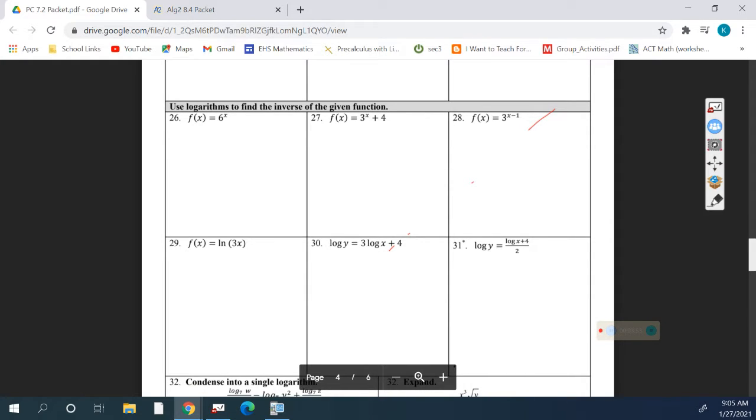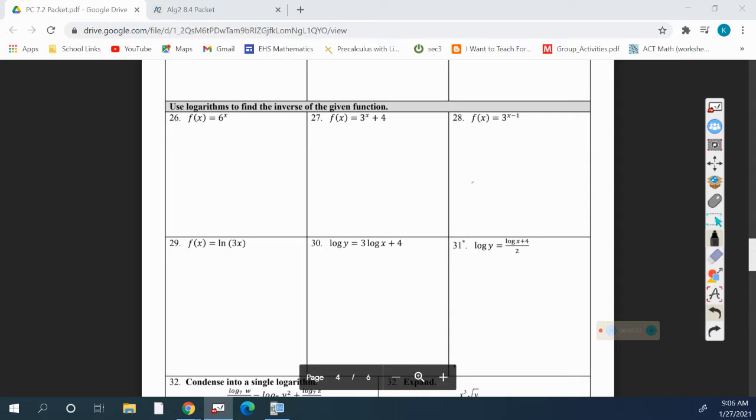Let's look at 31. So 31 is a log, and we need to find the inverse. This one is a little harder.